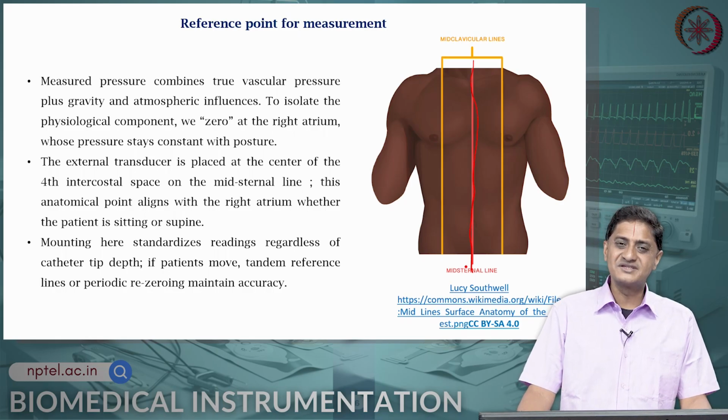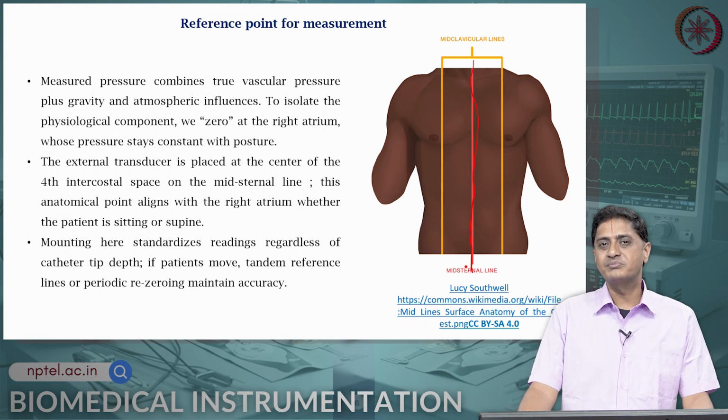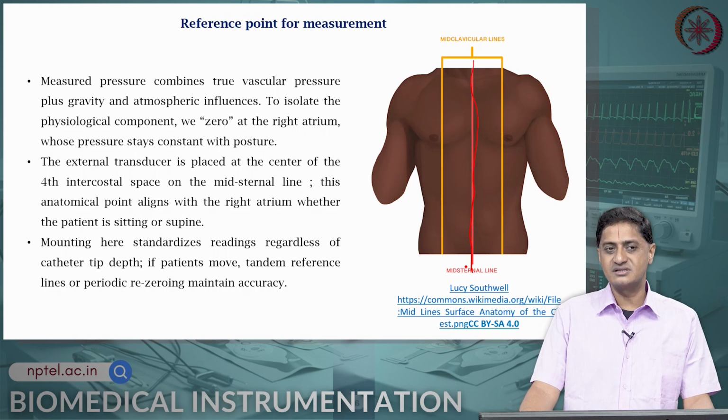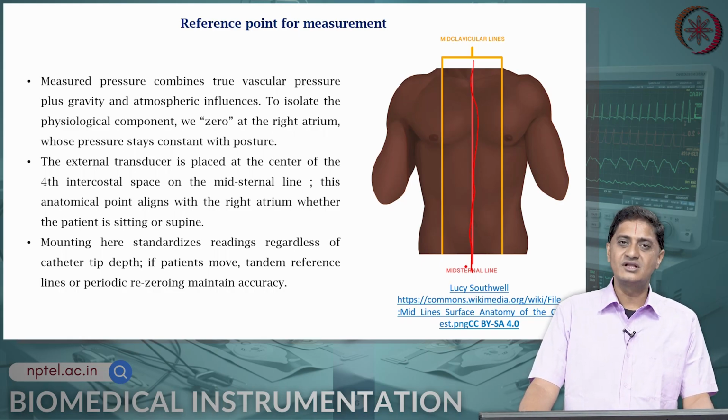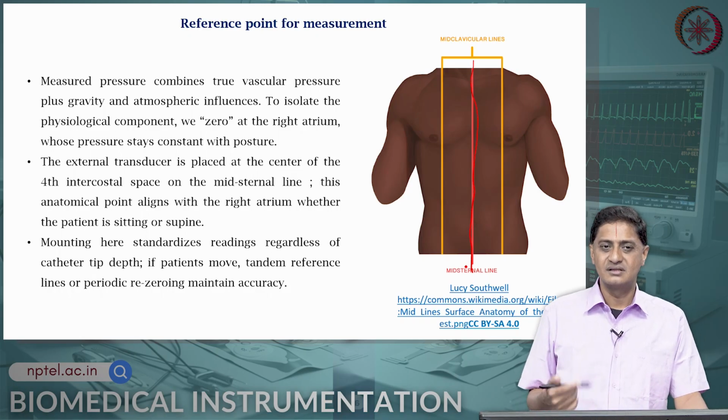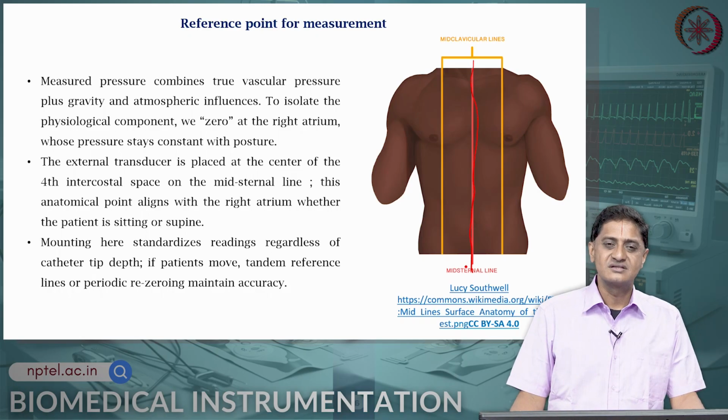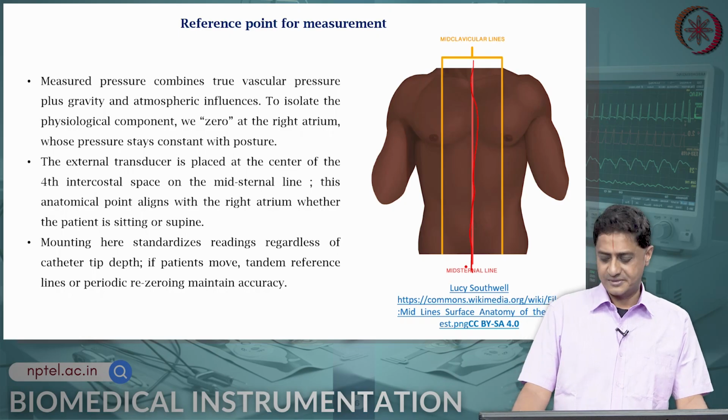If you mount your sensor or transducer there, it essentially standardizes the readings regardless of the posture of the patient, or where the catheter tip is placed. But then again, if the patient moves while the measurement is being taken, then we may need to recalibrate the reference so that the accuracy is maintained.